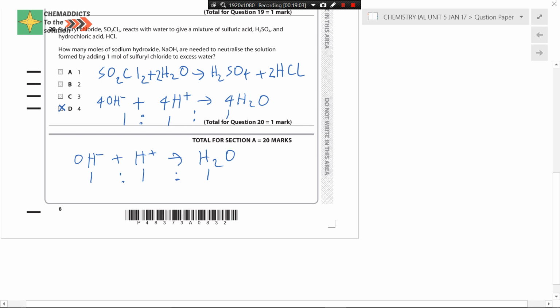So 4 moles of hydroxide must react with 4 moles of H plus ion. Therefore the answer to this question is D, not B. B is the wrong answer, and D is the right answer.